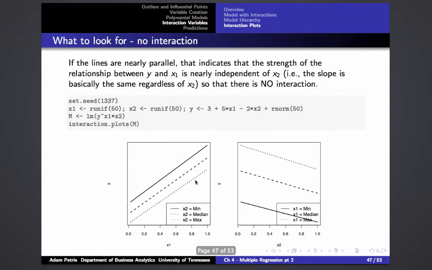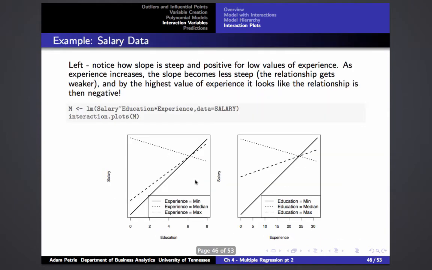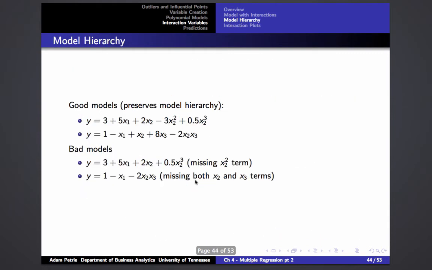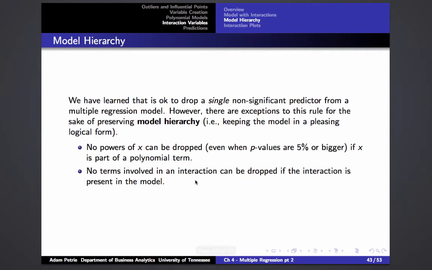Okay, so one additional thing about interactions before we go through another example is how we deal with them in the regression model. There's this thing called model hierarchy that a lot of statisticians worry about. Model hierarchy is just about a very particular way that we specify the multiple regression model, in other words, keeping the model in a pleasing and logical form.